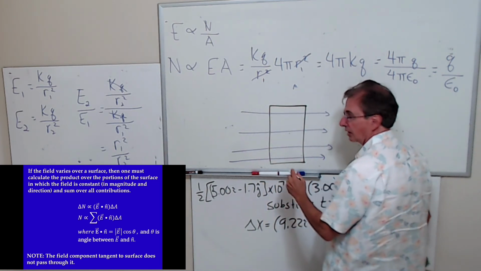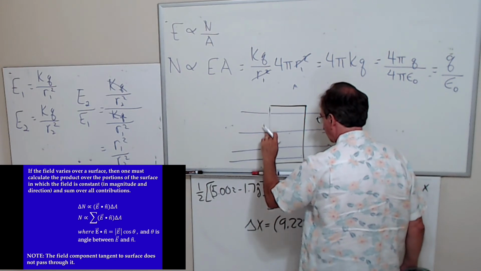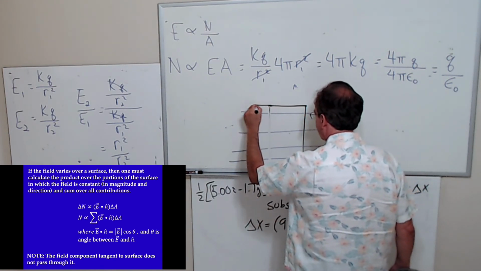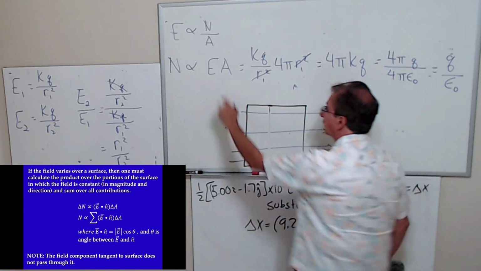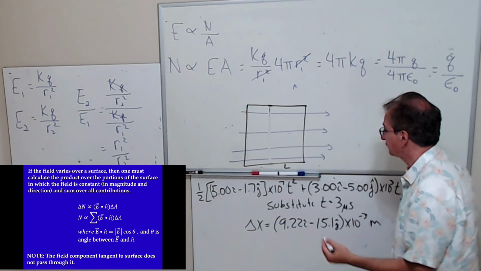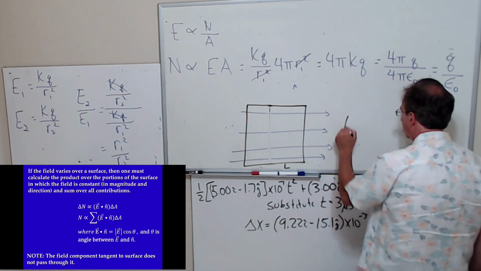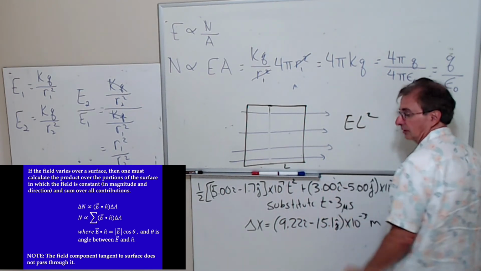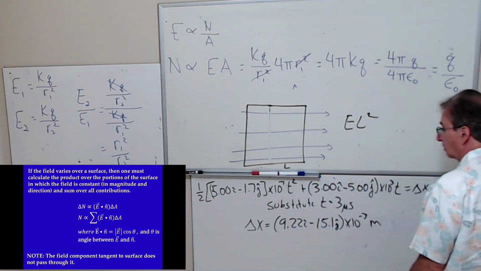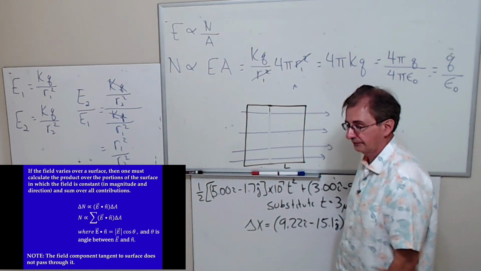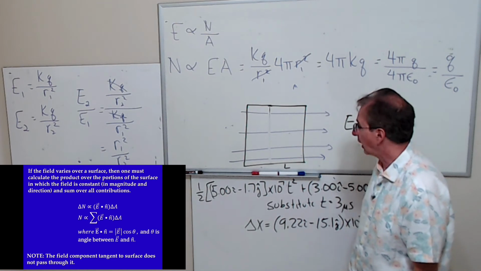That's supposed to be a square, so I'll make it a square. Here's a square of size L. I want to find E times A, but I can't just do E times L squared. Why is it I can't do that?